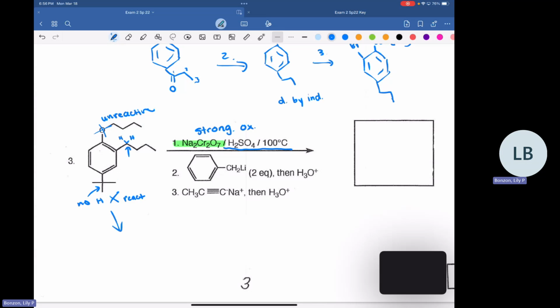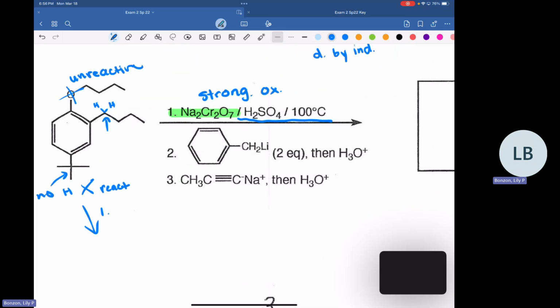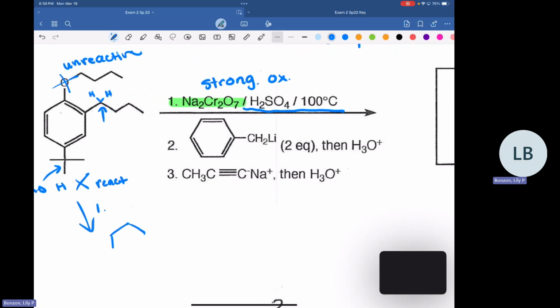So instead, we're just going to oxidize that alkyl group over on the top right. So again, the ether is going to be unreactive. The bottom is going to be unreactive. But this group is going to be turned into a carboxylic acid.